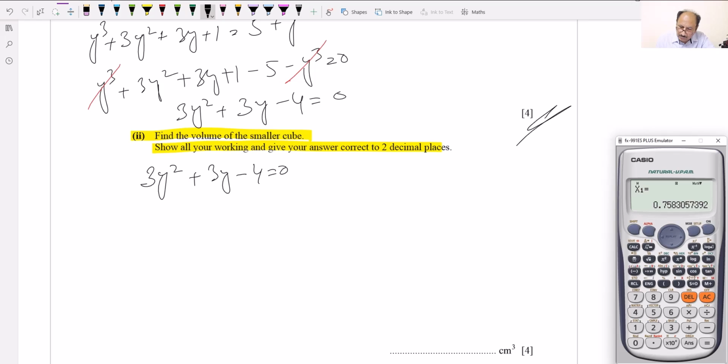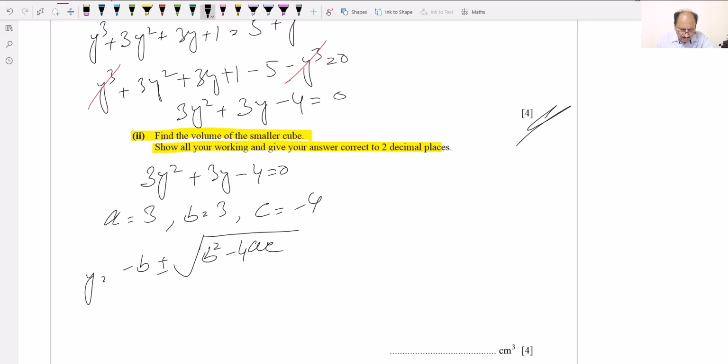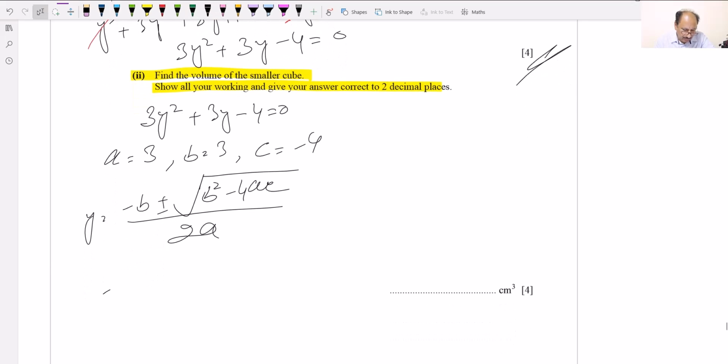I will have to show the working also. So what I will do, I will write a is equal to 3, b is equal to 3 and c is equal to minus 4. So y will be equal to minus b plus or minus the square root of b squared minus 4ac, over 2a. This is the quadratic formula which we are applying, so minus b will be minus 3, plus or minus the square root of 3 squared minus 4 into a into c, over 2a, where a is 3.